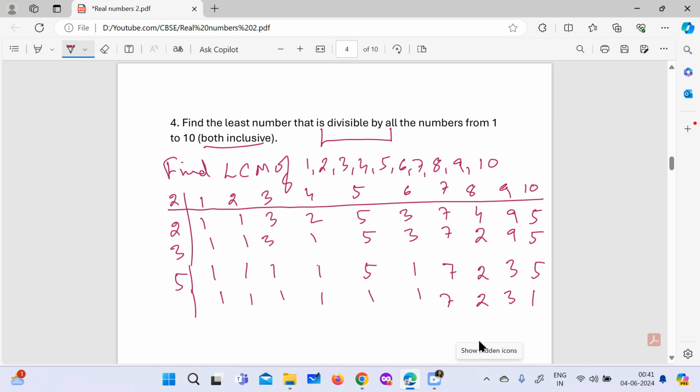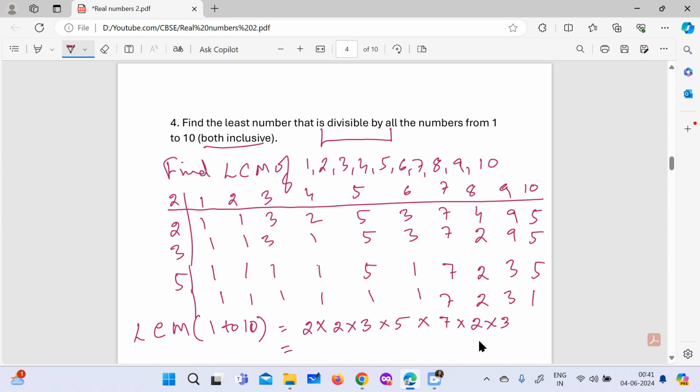Okay, now let's see what the LCM of the numbers 1 to 10 is. This will be 2 times 2 times 3 times 5 times 7 times 2 times 3.